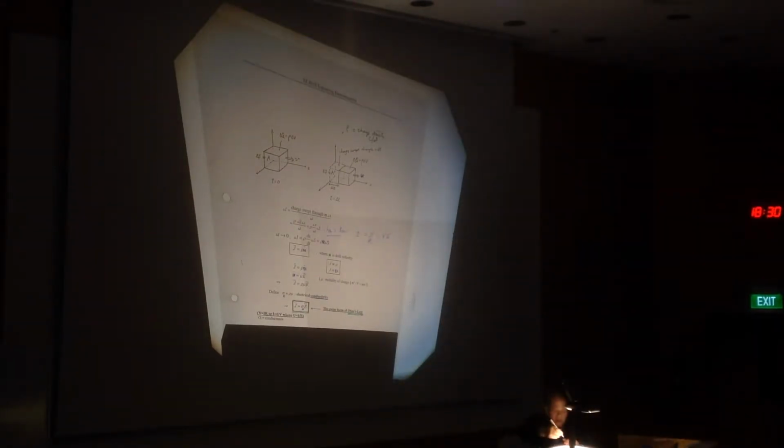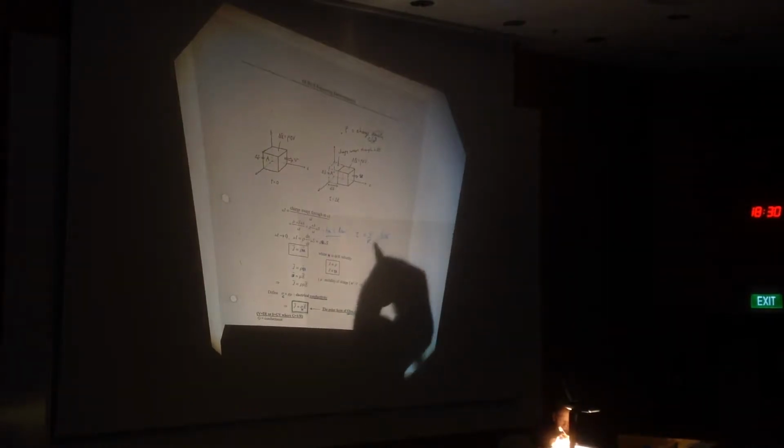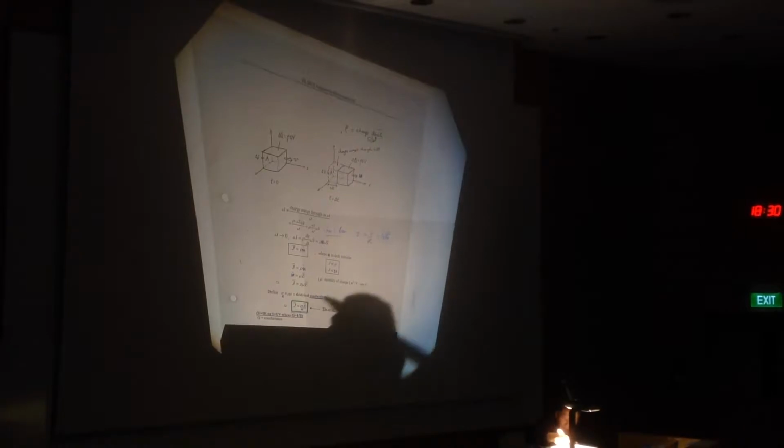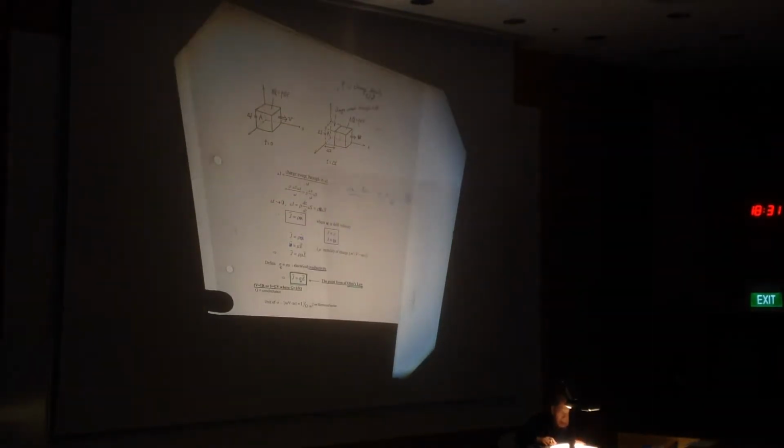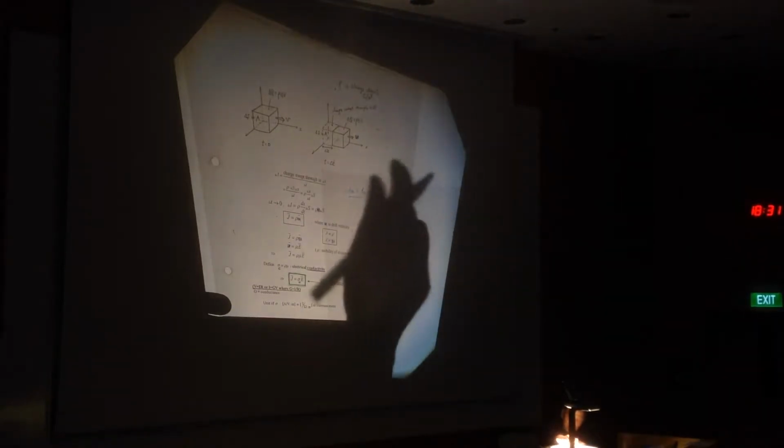So you can see it's very similar. Voltage is proportional to the electric field, conductance is proportional to conductivity, and I is proportional to G. So the consistency is there, which I will show you. So I is equal to GV, putting it the other way, where G is conductance.